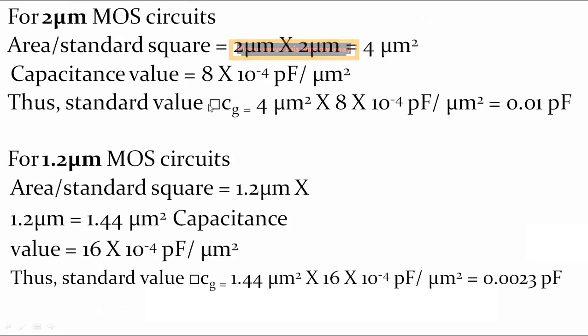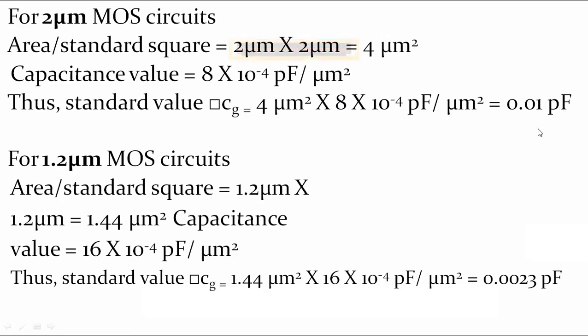So square Cz equals 4 micrometer square into 8 into 10 to the power of minus 4 picofarads per micrometer square, which is 0.0032 picofarads.